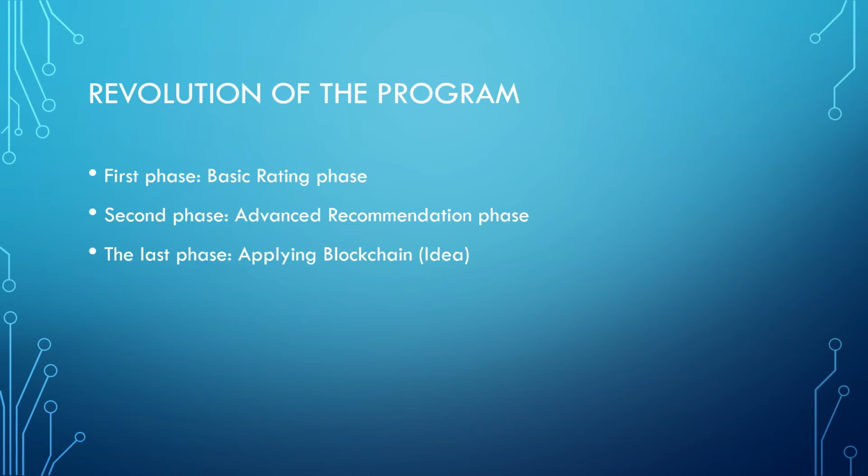To the last phase, applying blockchain. By using blockchain, we can upgrade the security of dealings if we want to add buying and selling features to the program, and getting more transparency with dealings will allow the user to sell and buy without needing to refer to any government.